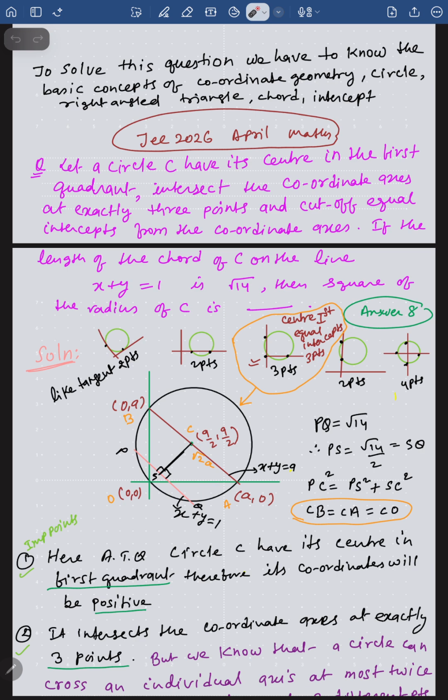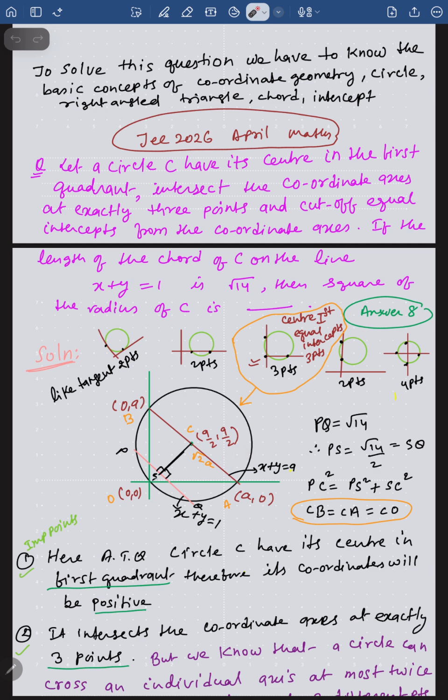Since it is a right angle triangle, the middle point of this, suppose at C, then CB and CA will be root 2a upon 2, that is a upon root 2. This portion length will be a upon root 2, because it is half of root 2a.